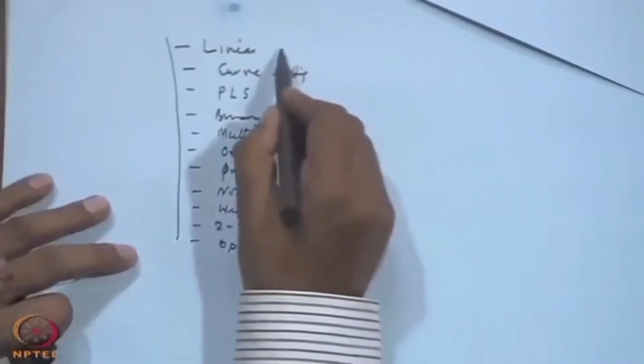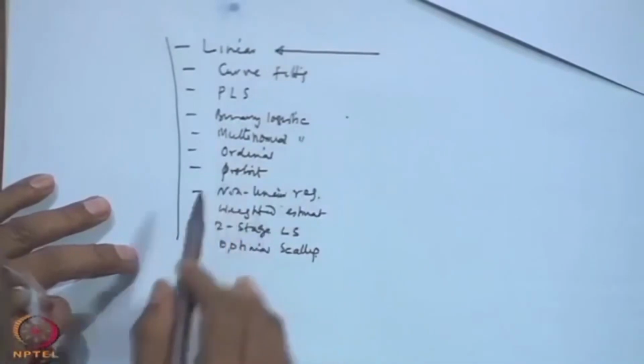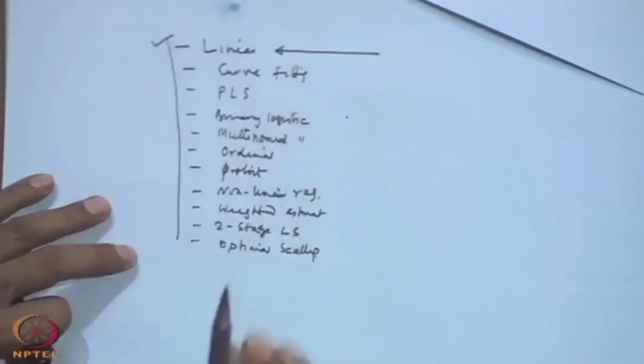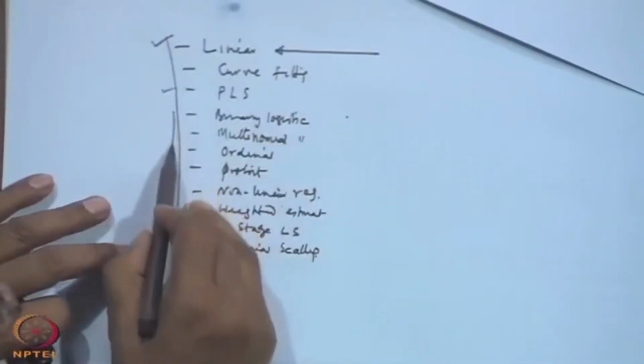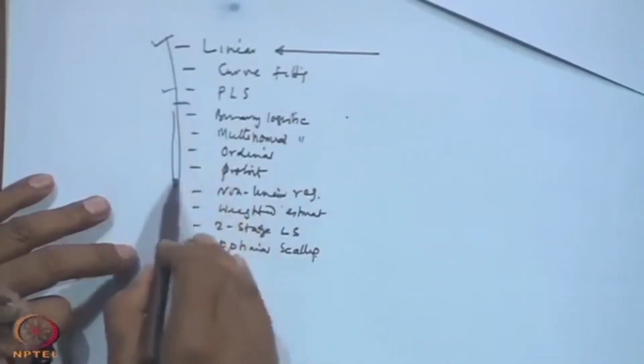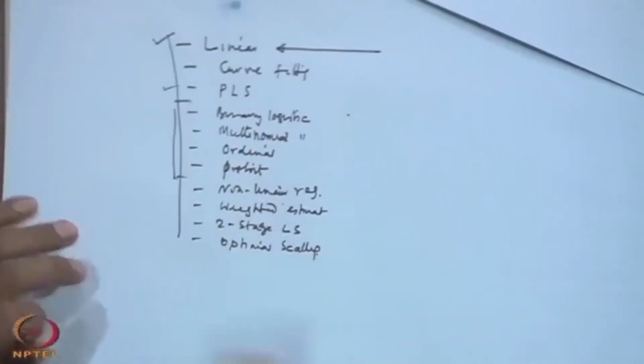What we have discussed is only linear regression. Linear regression is very popular, partial least squares regression is also very popular, and all those logistic regressions including probit are very popular techniques. So you can do linear regression, nonlinear regression, or regression under different conditions. For example, logistic regression is used when the dependent variable is categorical.